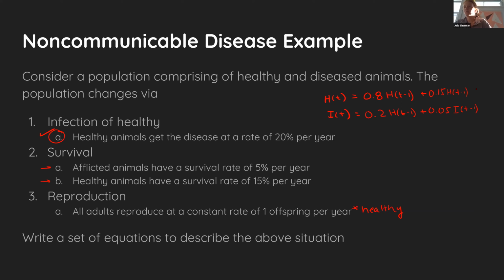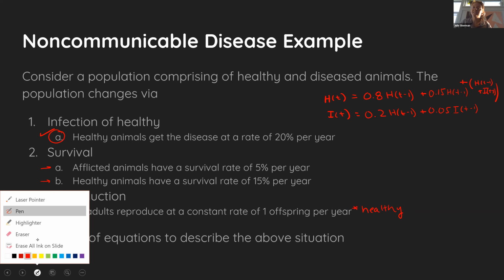So on our healthy equation, I'm kind of running out of room, but we're going to get a plus H of T-1 plus I of T-1. Okay, so this final term is for reproduction. We assume that all the infected, all the healthy, they create 1 healthy offspring. Okay, hopefully this is starting to make a little bit more sense.